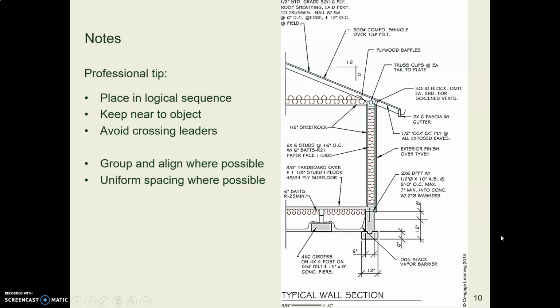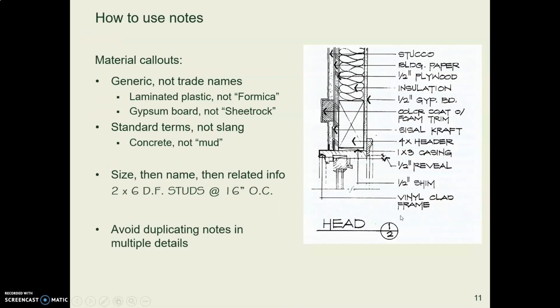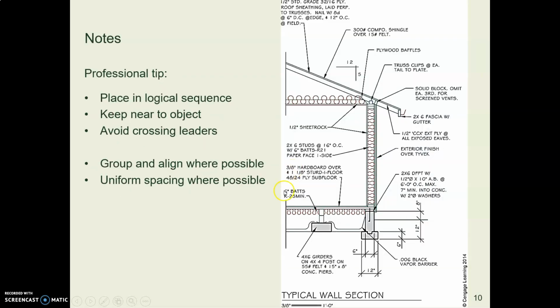We keep our notes in a logical order so that we make our contractor's job easier. And notice in this drawing how several of the notes look like they were all lined up on a construction line.